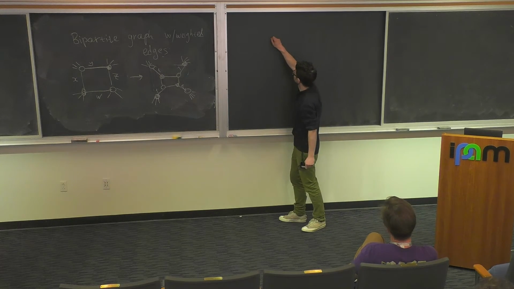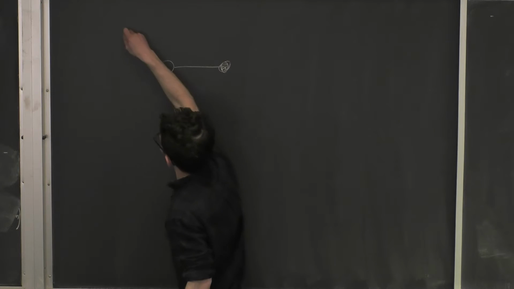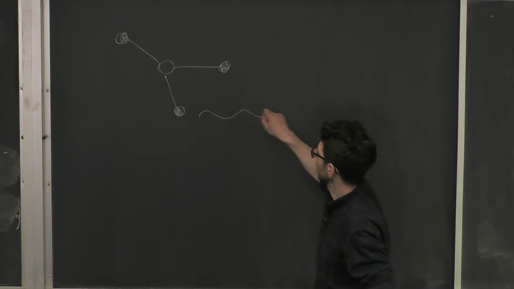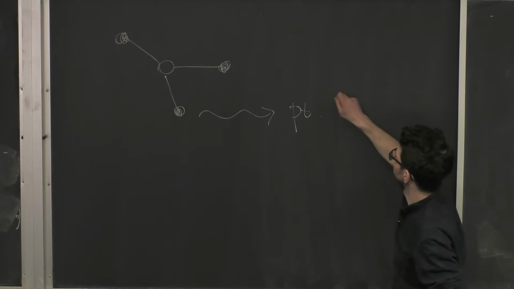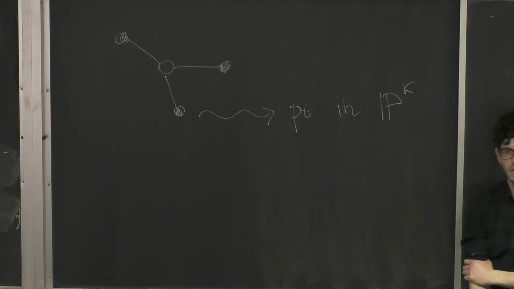So what do you do if you have this bipartite graph? To every black vertex of the graph, you're going to assign a point in a projective space of certain dimension.